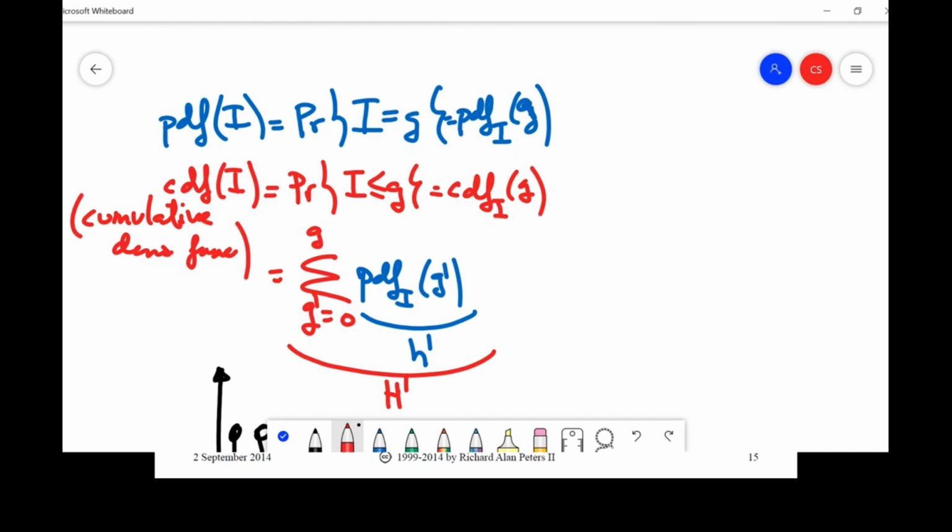Well, we remove the prime. So for the CDF, typically you use capital letters, and for the PDF you use small letters. The prime simply is to emphasize that it is normalized. The standard histogram is not normalized, it is simply counting. If you normalize by the number of pixels that you have, then you have the normalized histogram. And if you integrate or sum this normalized histogram, you have the CDF.